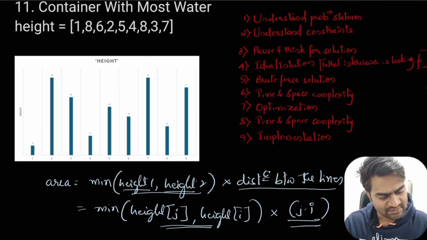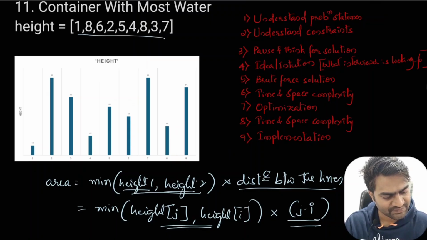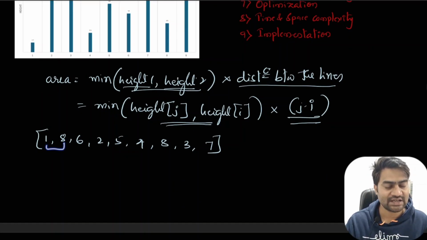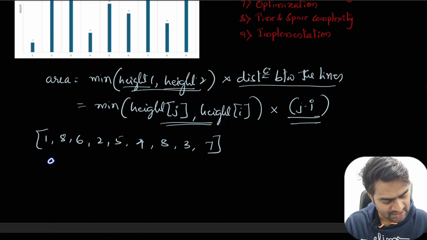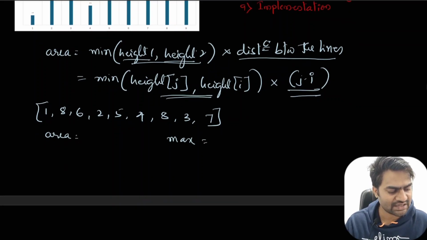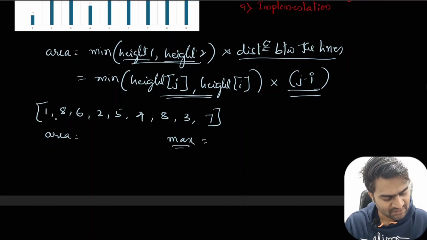So now I will take this particular array. Now I will take these two values and I will find the area. First I will take one value area, then I will take max value. I will keep updating this max value whenever I get a maximum value. So between these two, what is minimum? 1 is minimum, correct, right?